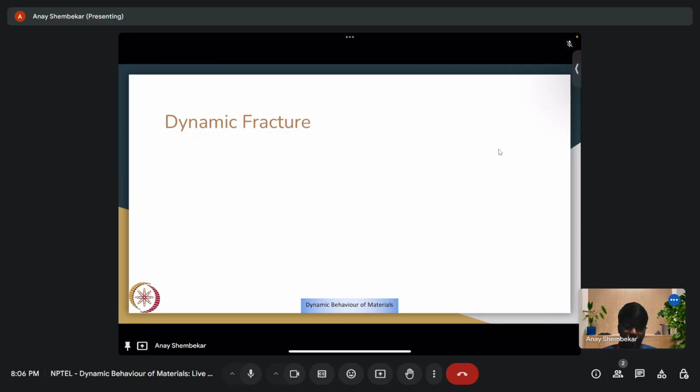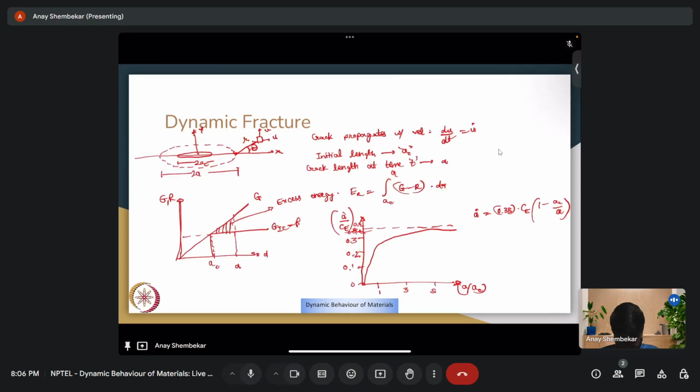becomes much more complex. And the important takeaway here is that, assuming your crack resistance R remains constant as the crack length increases, you have an excess amount of energy being poured into the system that leads to an increase in stored energy, which in turn would lead to expansion of the crack, which basically has a limiting velocity, and that limiting velocity can be plotted as a function of the crack wave propagation.